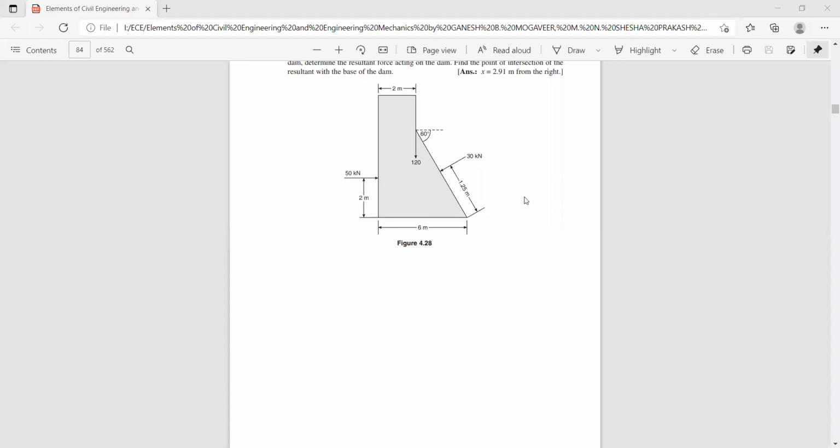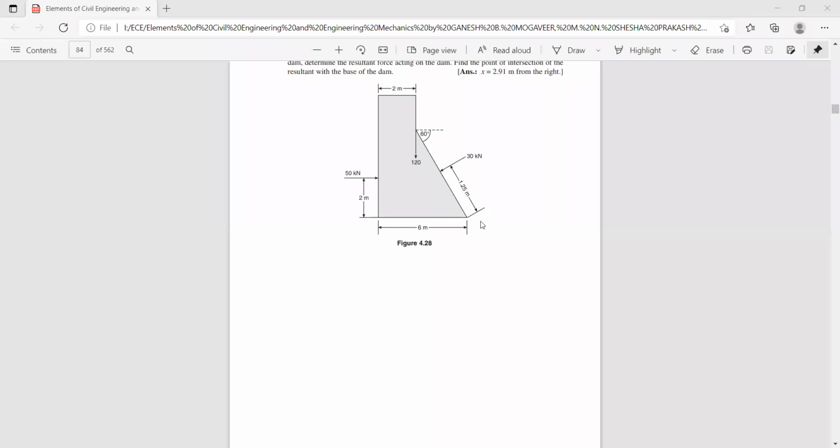It is 1.25 sine 60, which is 1.08. So this height HG is 1.08.